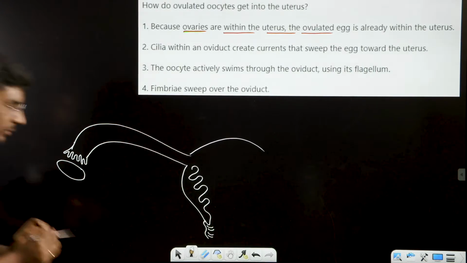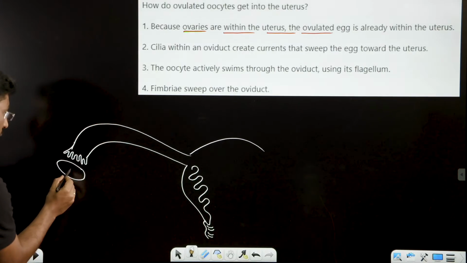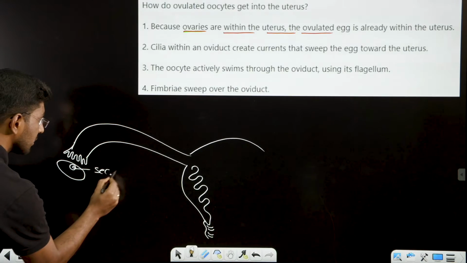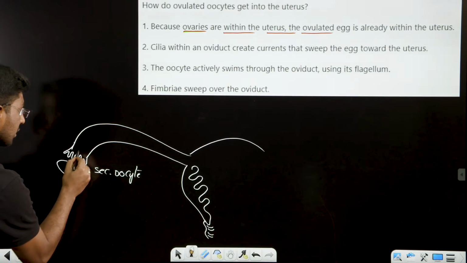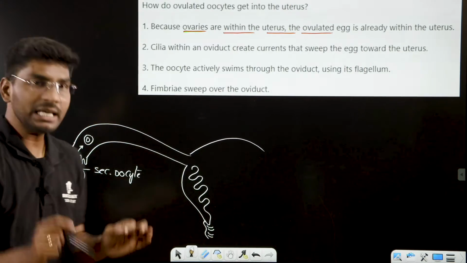This is the ovary. From the ovary, what is released? The secondary oocyte is released after ovulation. This ovulated secondary oocyte is received by the finger-like projections and put into the infundibulum.